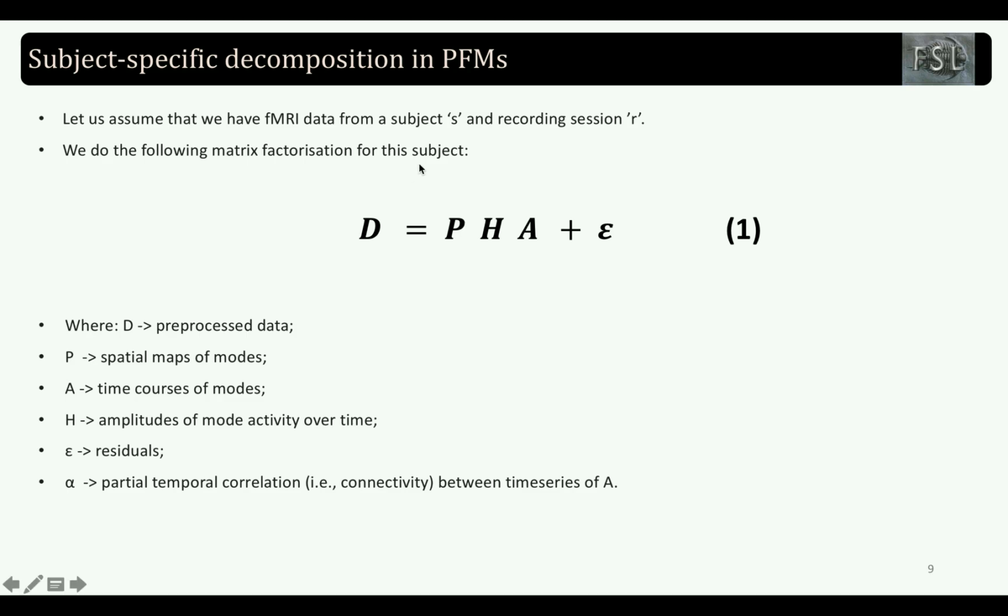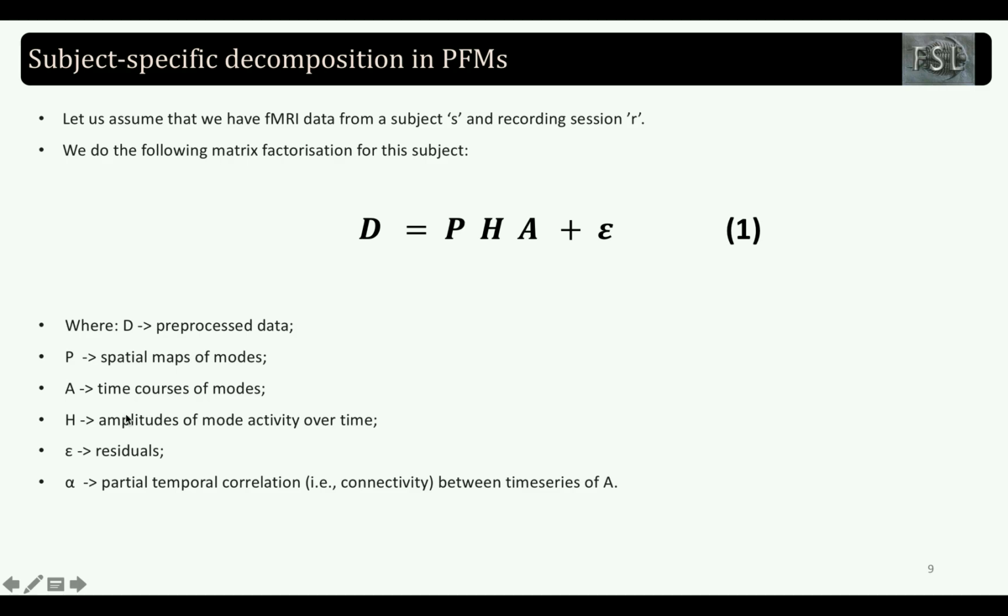Let us assume that we have fMRI data from a subject S and a recording session R. We want to take this data matrix D and decompose it into a spatial map matrix P multiplied by time course matrix A, with an additional variable H, which captures the amplitudes of mode activity over time.